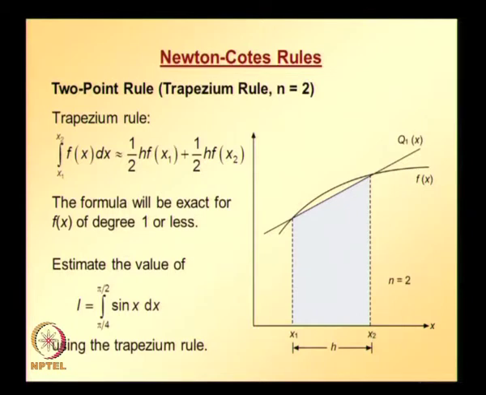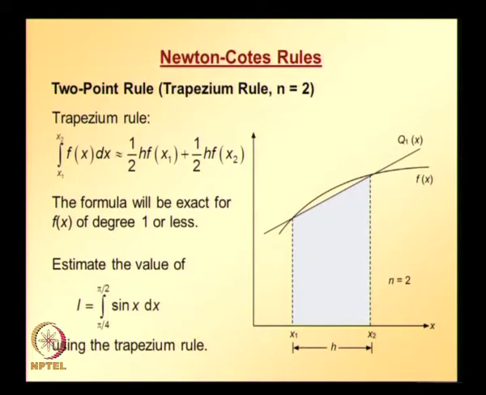So basically what we require is we need to find the distance between upper limit and lower limit. So pi over 2 minus pi over 4 is pi over 4, that is going to be h. So once we have h, we need to evaluate function, that is sin x at pi over 4 and sin x at pi over 2 multiplied with corresponding weights, which is going to be h divided by 2.